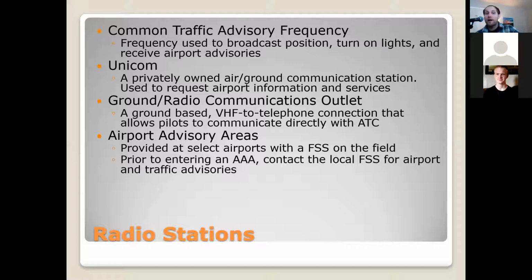And that's what they're calling an airport advisory area. So your procedures as the pilot are the same, just you're talking to a different person, and they're calling it an airport advisory area instead of a straight up control zone like we would have for Bravo or Charlie airspace.